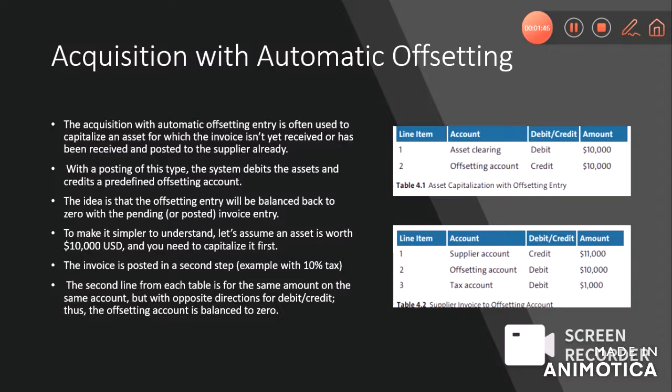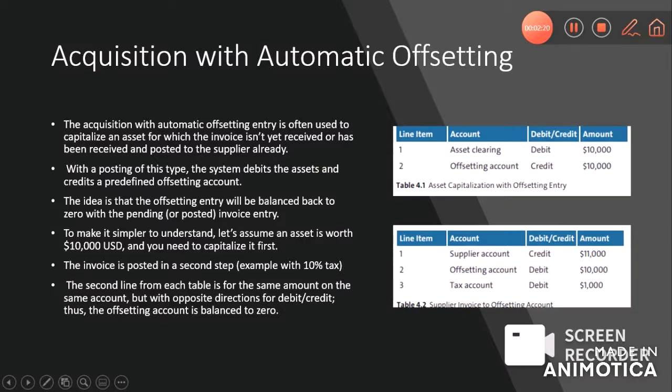So the invoice is posted in the second step with a tax amount of 10%. So once we receive the invoice, we are crediting the supplier and debiting the offsetting account. We are nullifying and making as a zero balance the offsetting account debit and the first offsetting account credit are nullified and the clearing balance is 0 and tax account 10%, 1000.